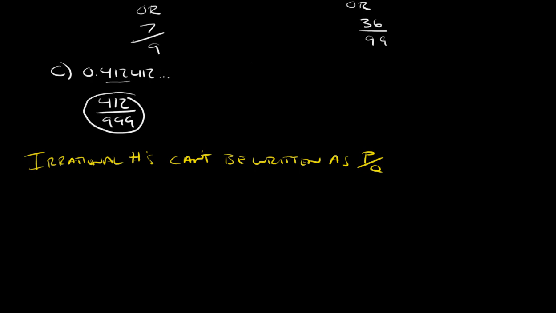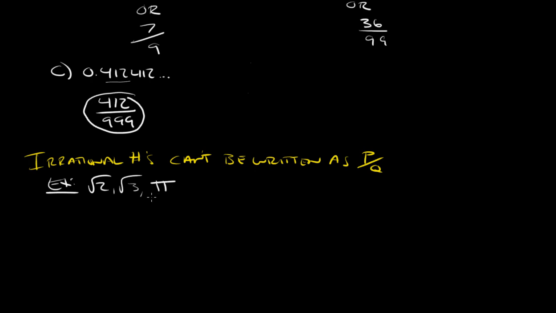Okay. Some examples of irrational numbers are square root of 2, square root of 3. Most square roots that aren't perfect squares, like square root of 4 wouldn't work because that's actually just 2. Another popular one that you might recognize would be pi. And basically, the reason why an irrational number can't be written as P over Q is none of these can be expressed as a fraction.